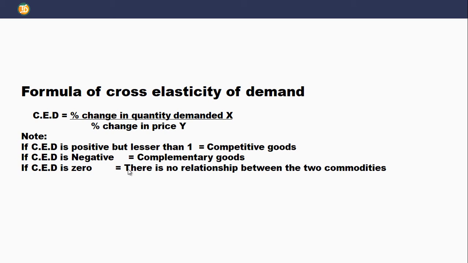Another name for complementary goods is joint products. If you solve a question and the answer you get is 0, it shows that there's no relationship between the two commodities. So this is how to analyze a cross elasticity of demand.